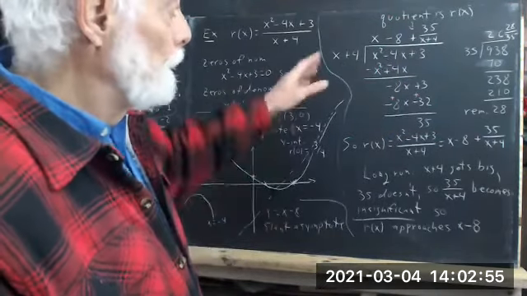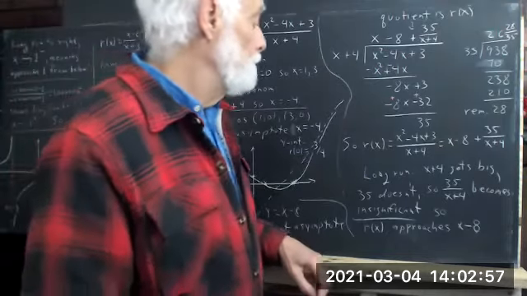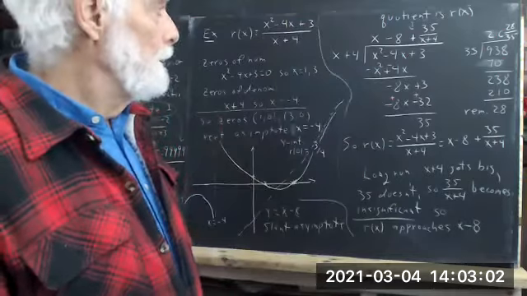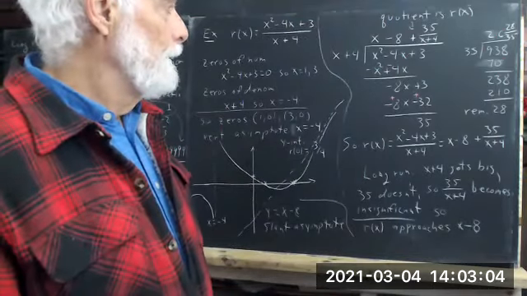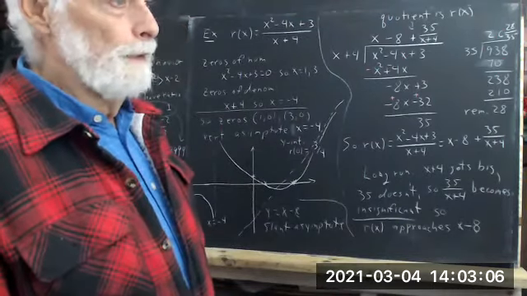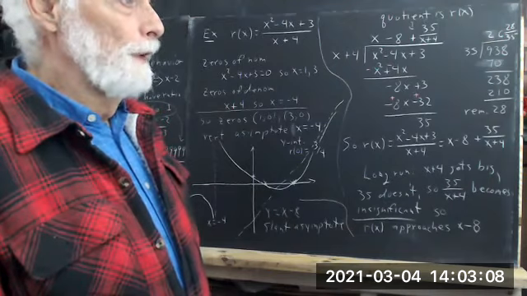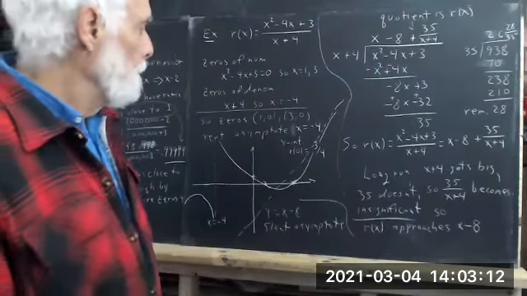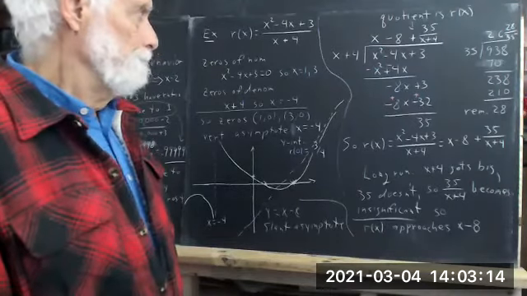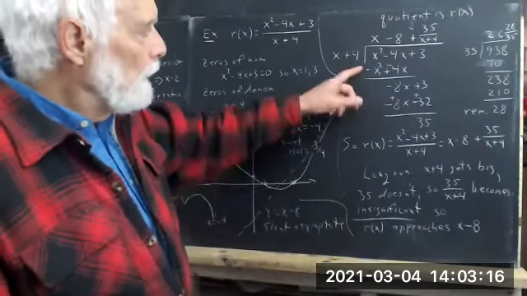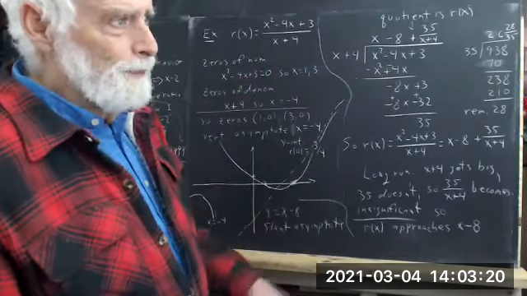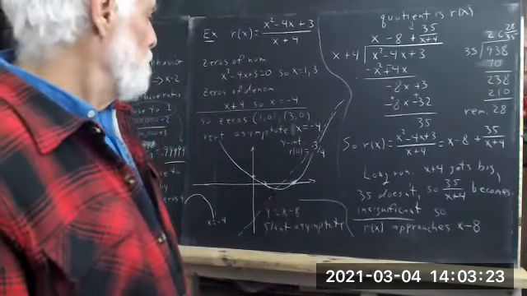Long division, review of long division. Not particularly difficult, you know. I'm sure I learned it in early high school. Except for the fact that you got to worry about these signs here when you're subtracting, it's pretty straightforward.